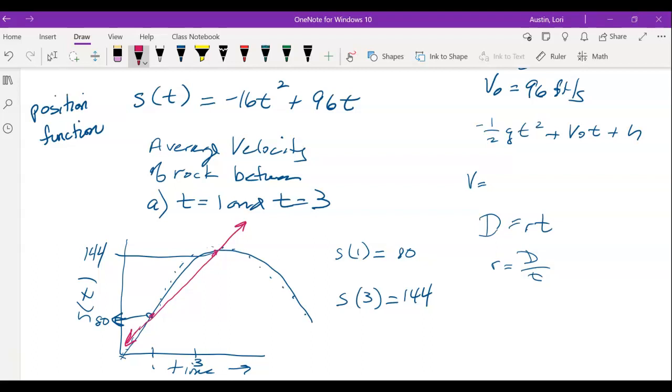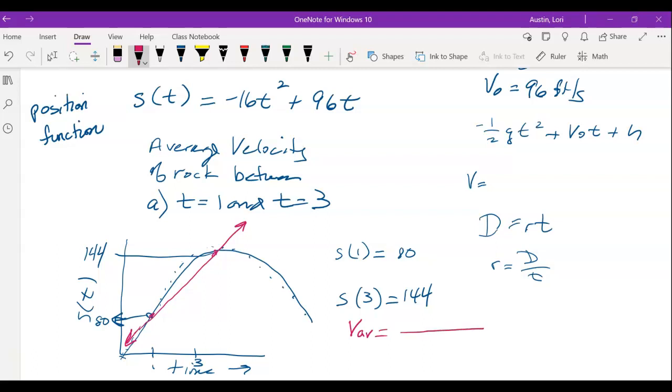So my average velocity between those 2 points is simply going to be, all right, we can do it. So we're going to call it V sub AV. So it's average velocity. Okay, V sub AV is going to be, so how do I find slope?